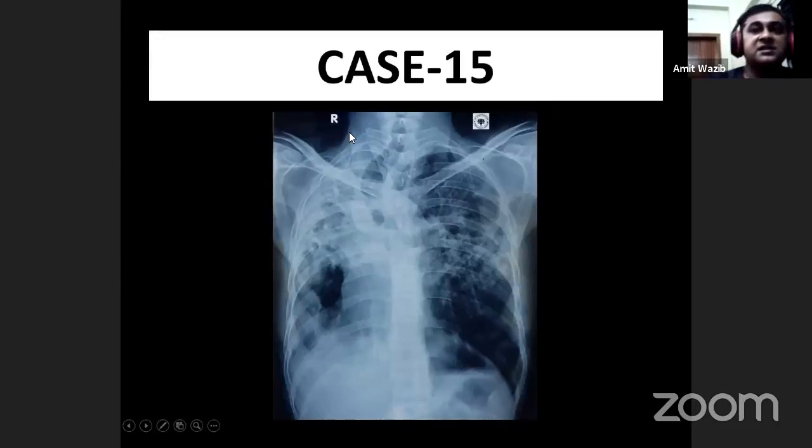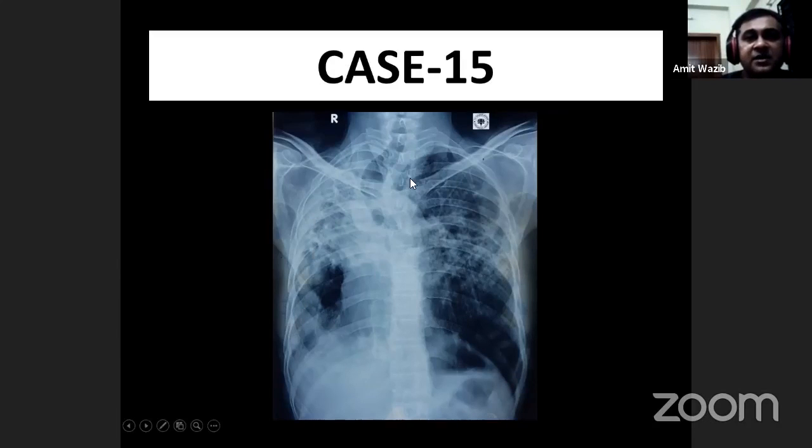So this is the last X-ray. In fact, this X-ray is a bit complicated. Just look at it. We have changes on both sides. First of all, there are patchy opacities on the left side, also on the right side.